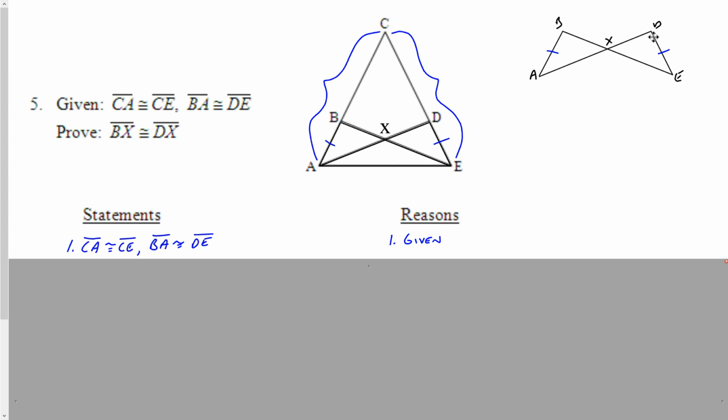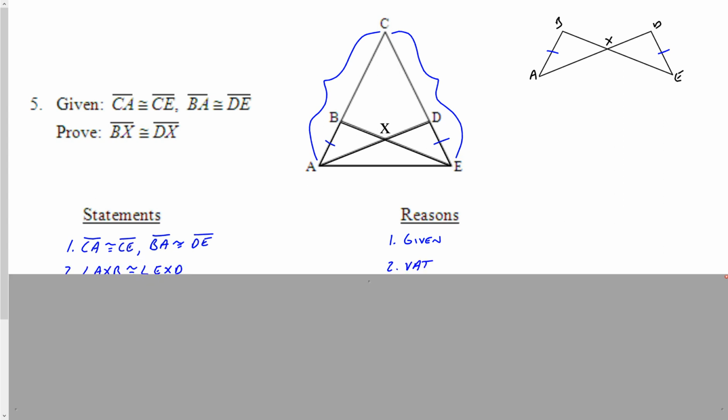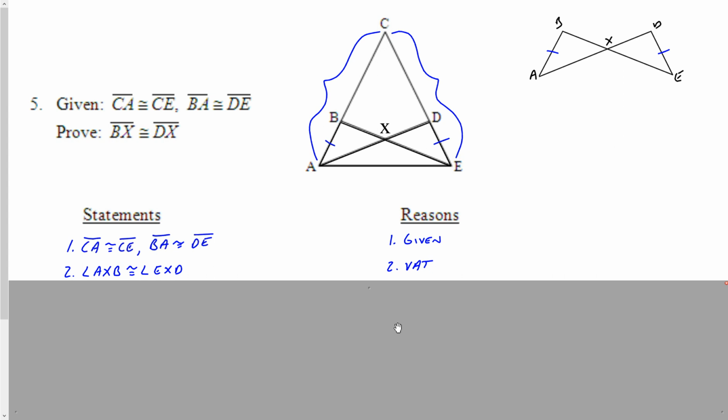Is there anything else we can say at this point to get us closer to saying they're congruent? Well, we could say that we have angle AXB congruent to angle EXD by the vertical angle theorem. So we have congruent angles, mark them in both the original and the new picture.